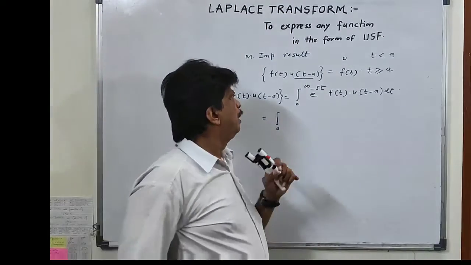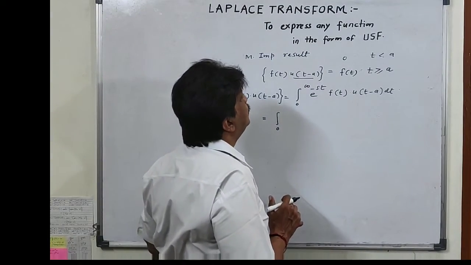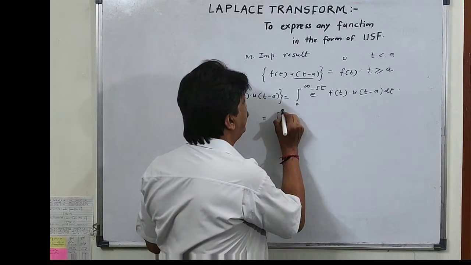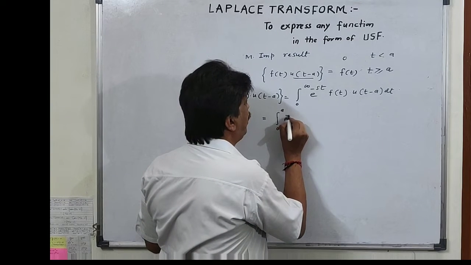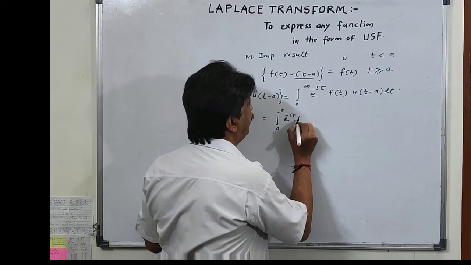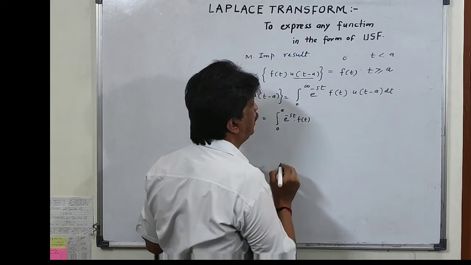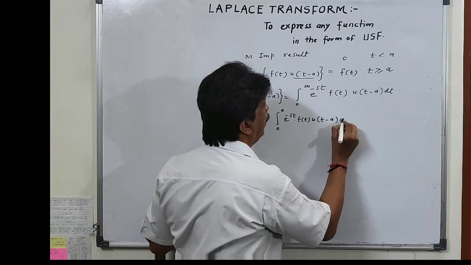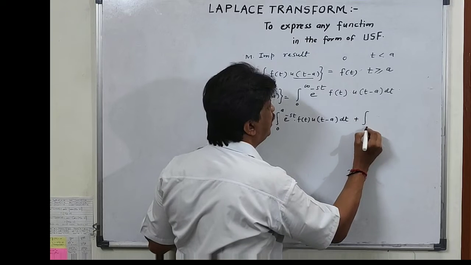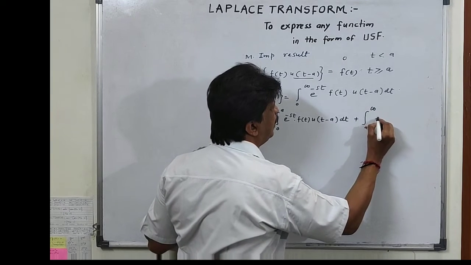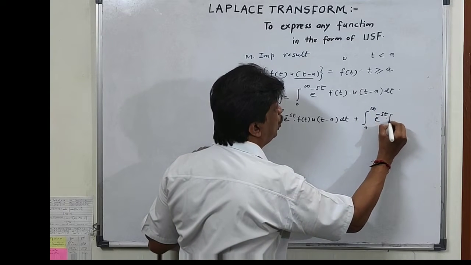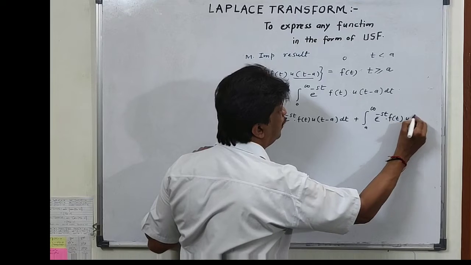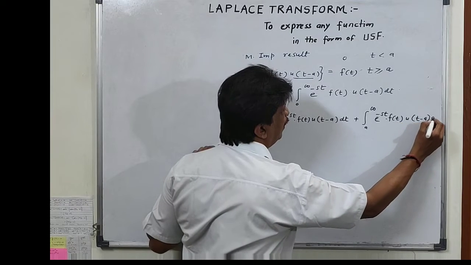So it is the integral from 0 to a of e raised to power minus st into f of t into u of t minus a dt, plus the integral from a to infinity of e raised to power minus st into f of t into u of t minus a dt.